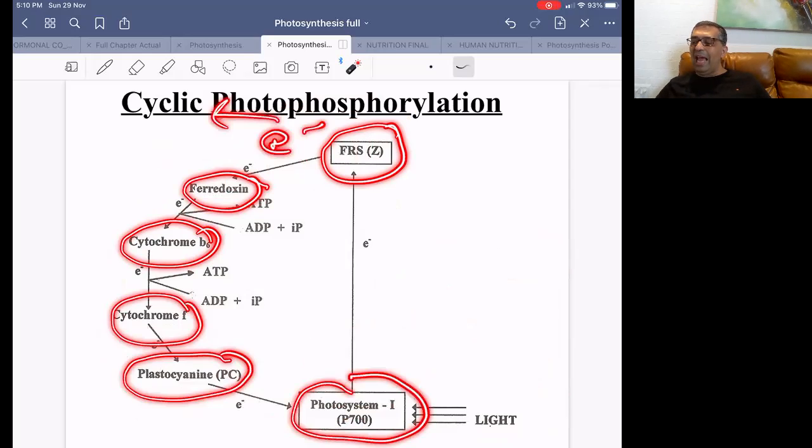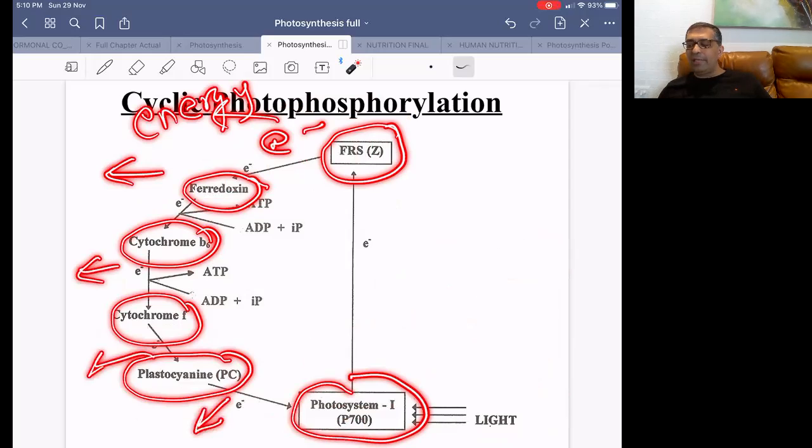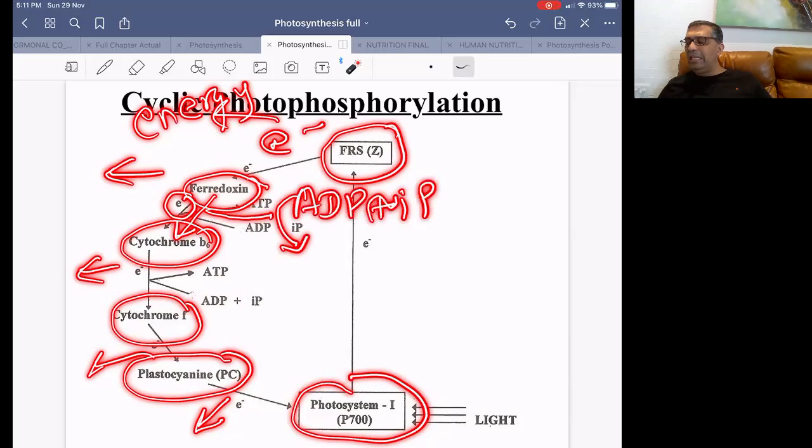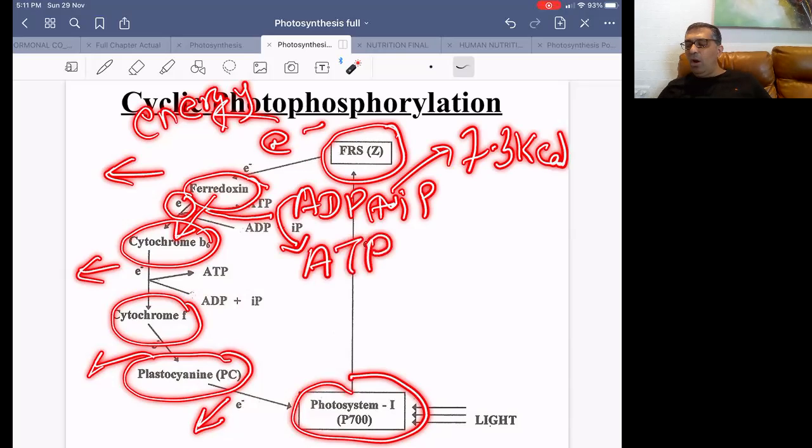Electrons liberate energy, and at every step energy is liberated, but in the passing of electron from ferredoxin to cytochrome B6, electron liberates sufficient energy that ADP and Pi trap in between them 7.3 kilocalories of energy to form a molecule of ATP. So between ferredoxin and cytochrome B6, one ATP is formed.